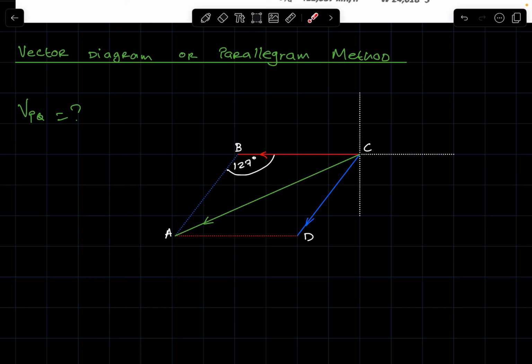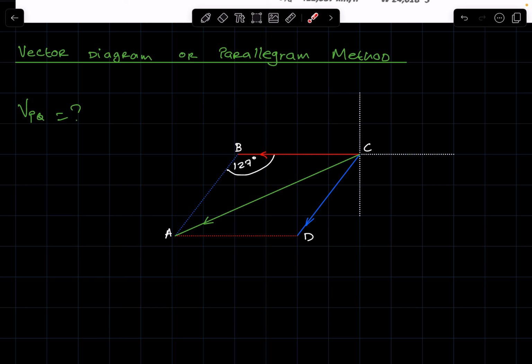If the angle you have isn't an included angle, then you cannot use the cosine rule, but you can make use of the sine rule. If it is an included angle, then you can use the cosine rule or the sine rule.